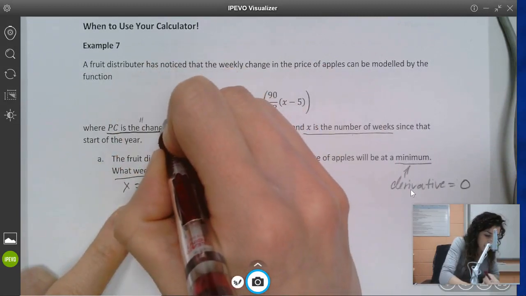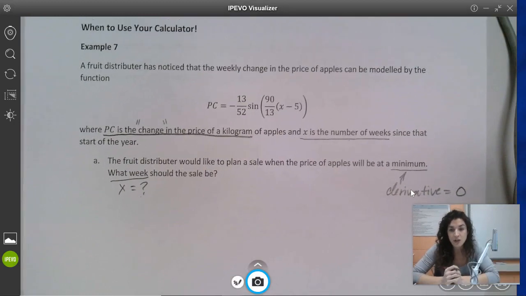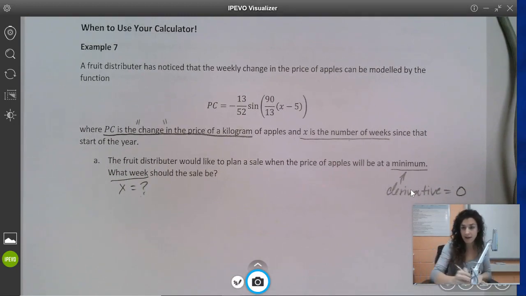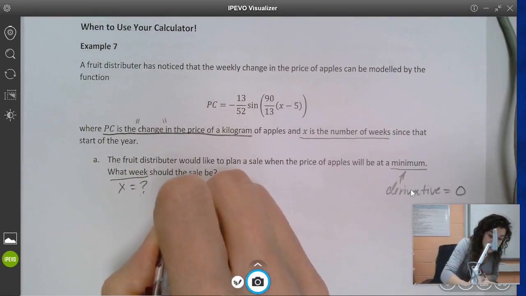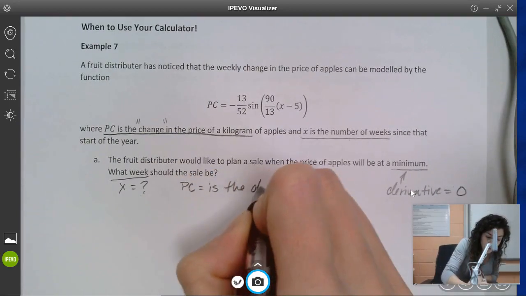And I want you to notice this really key part of the definition. Change. Okay, so your PC is the change in the price. It's not the price, it's the rate of change of the price of apples, which means that PC is the derivative function.